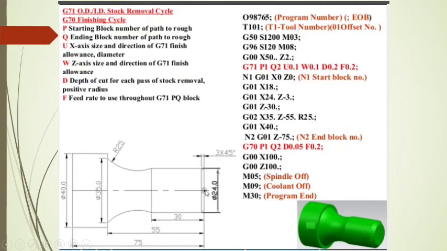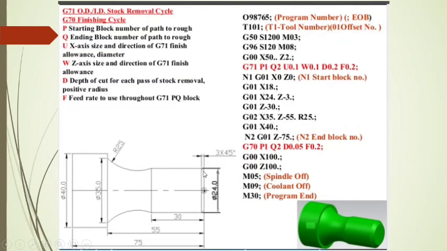So, cutting operation will start from this location. Remember that while writing all the dimensions, only final dimensions need to be written. Here one can find all the final dimensions and those need to be incorporated inside the program.